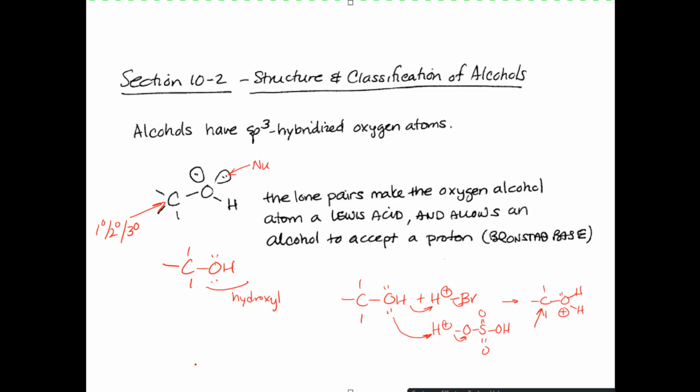If we had, for instance, a secondary carbon or a tertiary carbon, and we were to protonate the alcohol to form the oxonium ion, then we could lose the water to form a stable carbocation. So we could end up with either a secondary or a tertiary carbocation.